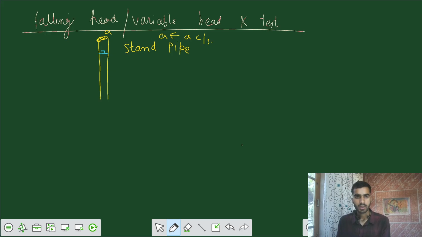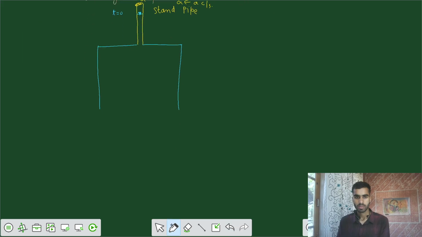Let's write that there's some water at time t equals 0. We have this water level here somewhere, and this is your assembly. From the bottom we are maintaining a constant head level, such that we can keep that as the datum.